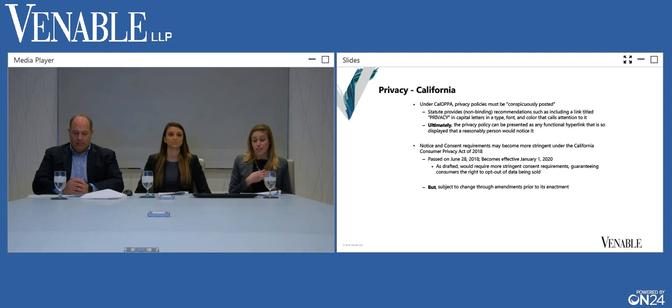The California Attorney General's Office has also provided similar guidance, but the important part here is that it's non-binding at this point. These are recommendations. CalOPA ultimately says that a privacy policy can be presented as any functional hyperlink displayed in a way that a reasonably prudent user would notice it.